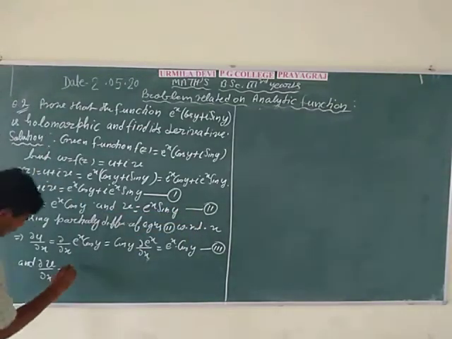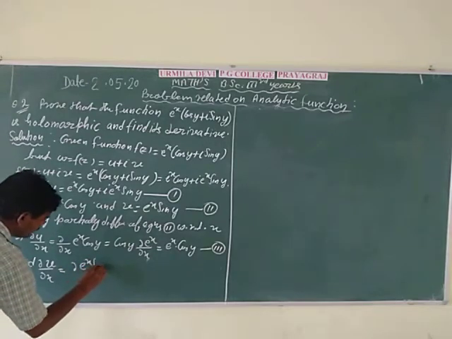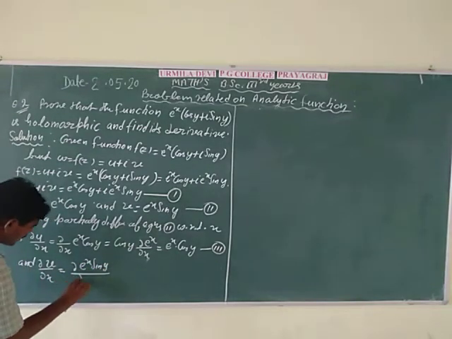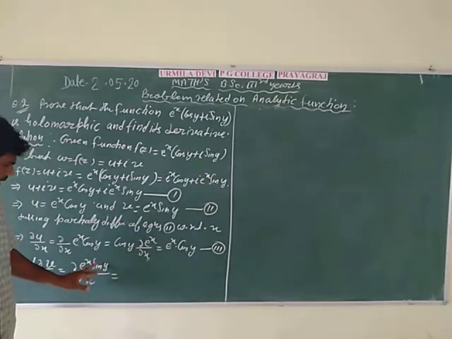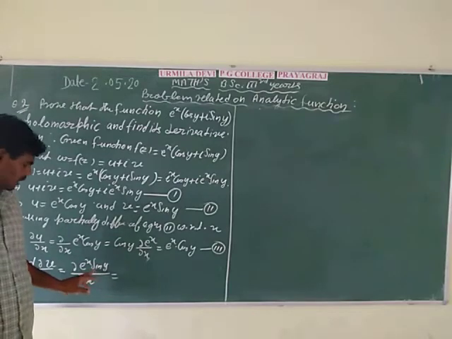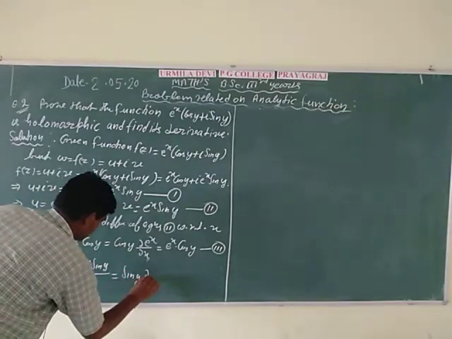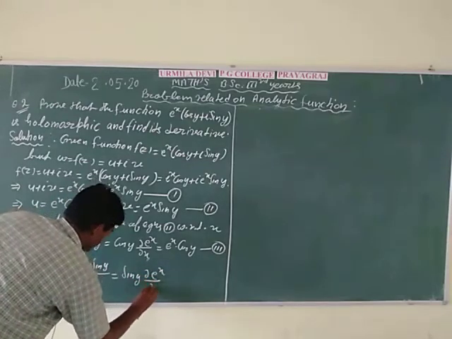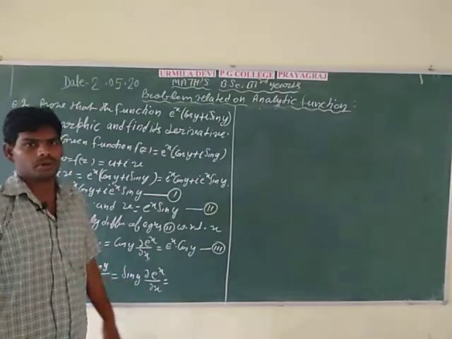So putting the value of v, del of e to power x sin y divided by del x is equal to, here sin y is constant, so taken outside from differentiation, and write sin y del e to power x by del x. Differentiation of e to power x with respect to x is equal to e to power x.